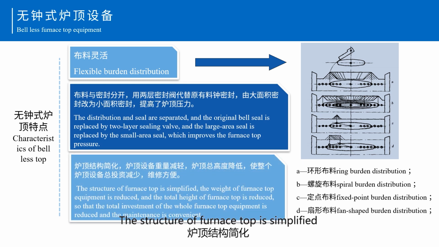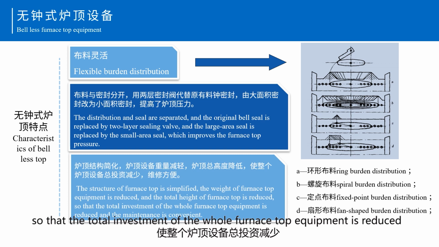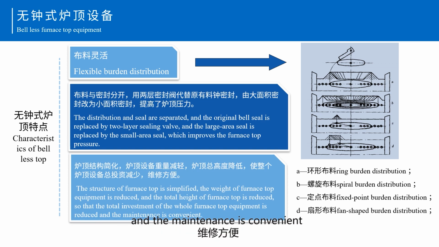The structure of furnace top is simplified. The weight of furnace top equipment is reduced. The total height of furnace top is reduced, so that the total investment of the whole furnace top equipment is reduced and the maintenance is convenient.